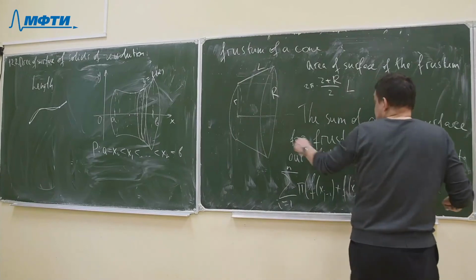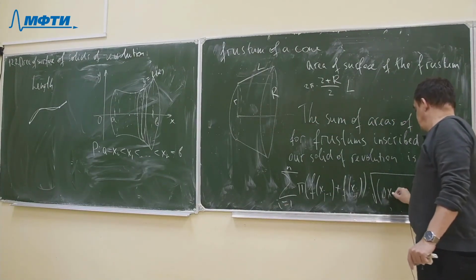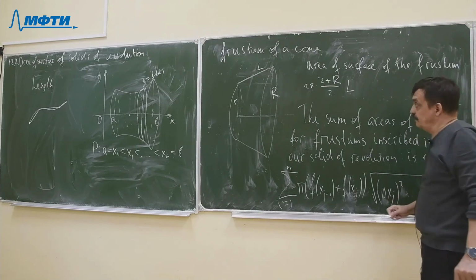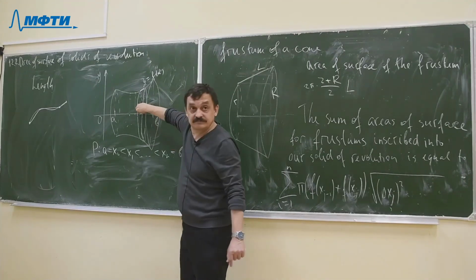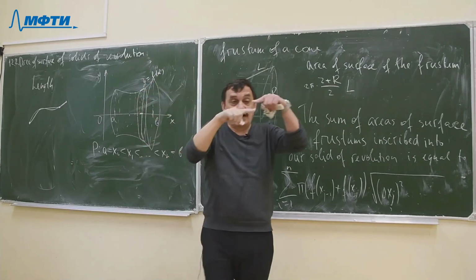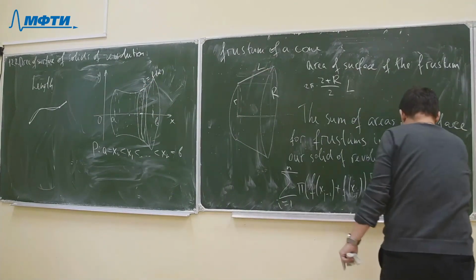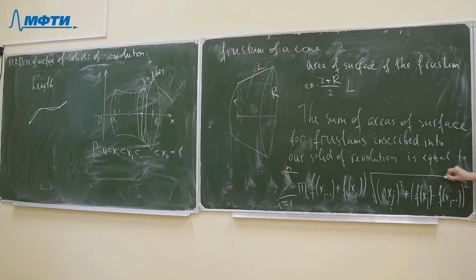Delta xj squared. And then what is the difference between the y's? The difference between y's is f of xj minus f of xj minus 1, squared. That is our area of surface of the frustum.